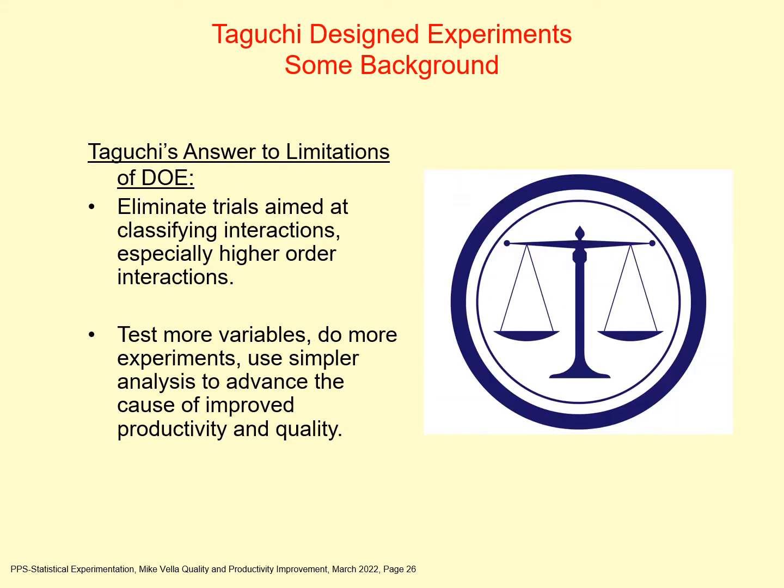Taguchi's answer to limitations of designed experiments is that you should eliminate trials aimed at classifying interactions, especially higher order interactions, and test more variables, do more experiments, use simpler analysis to advance the cause of improving productivity and quality. To some degree, this is an argument of quantity over specific quality.